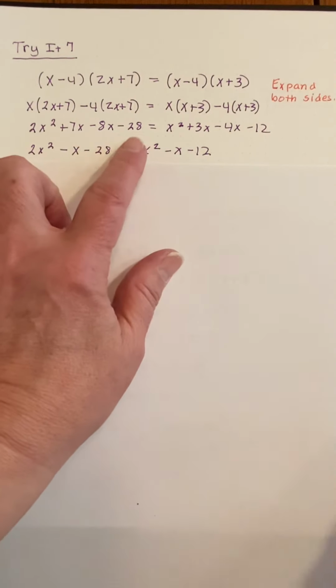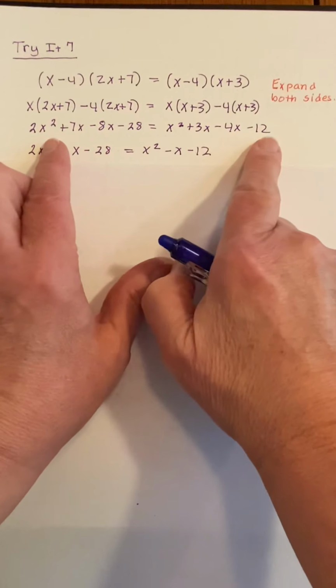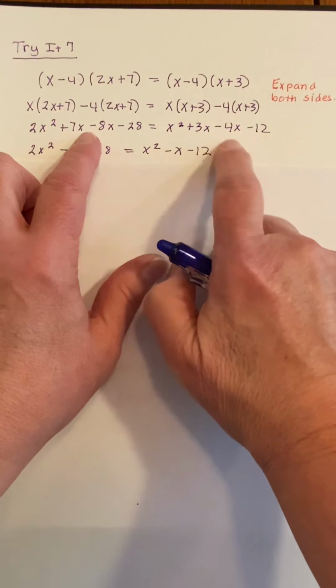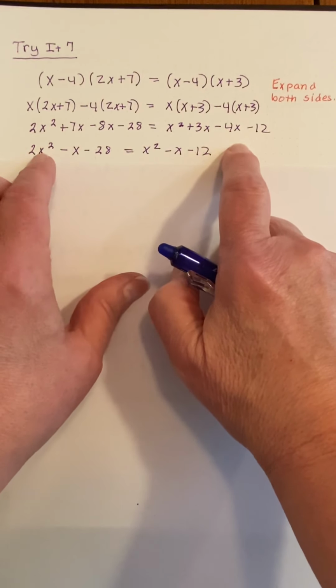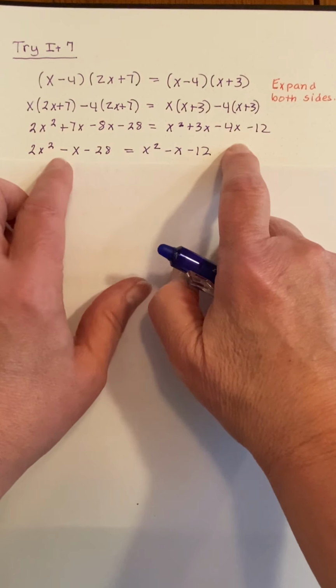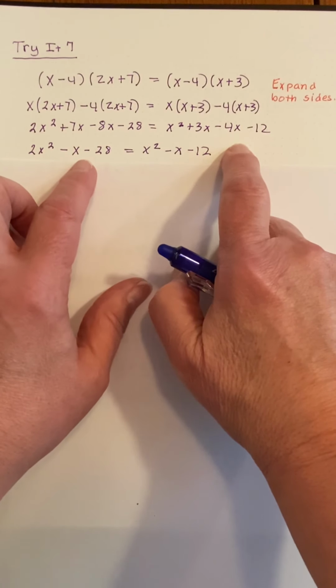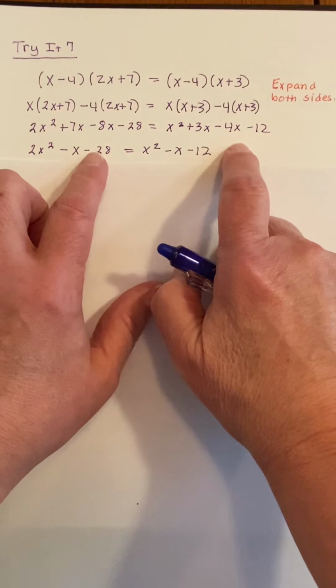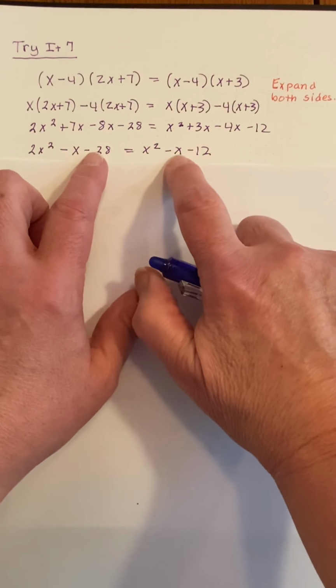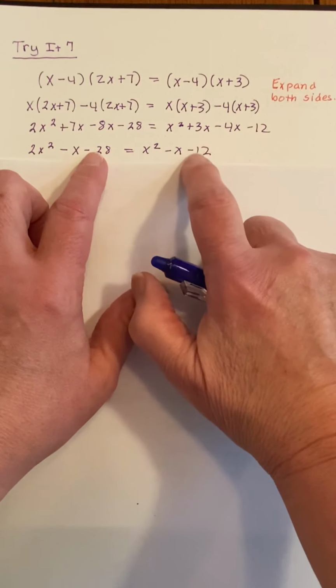Now I'm going to combine like terms on each side. I'm just going to combine my x's in the middle. So I have 2x squared, positive 7x minus 8x leaves me with a negative x, minus 28. Doing it here, I have 3x minus 4x, negative x again, negative 12.